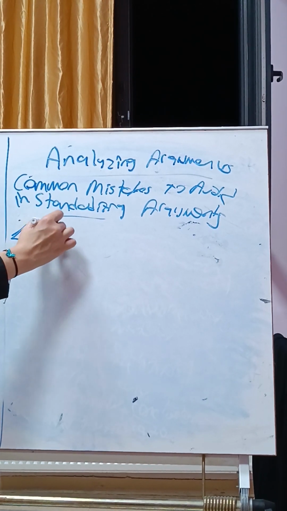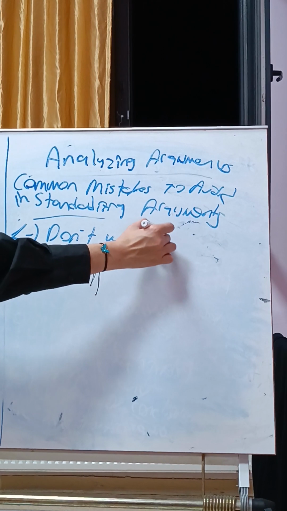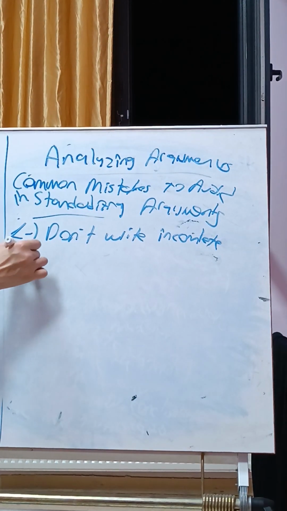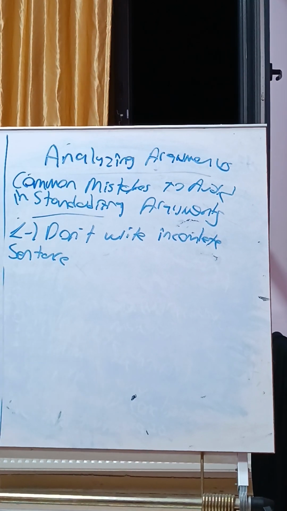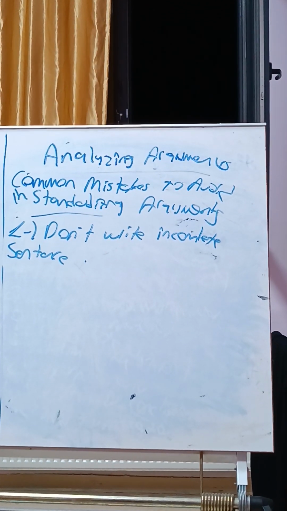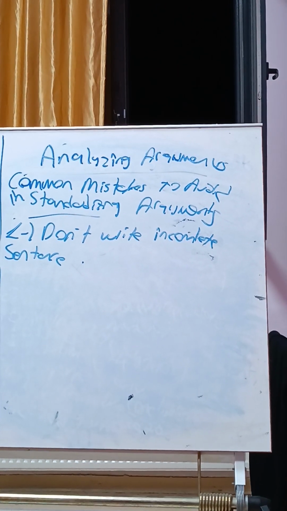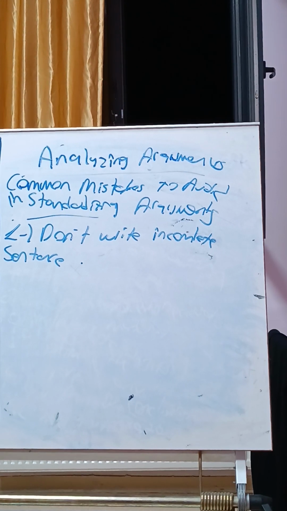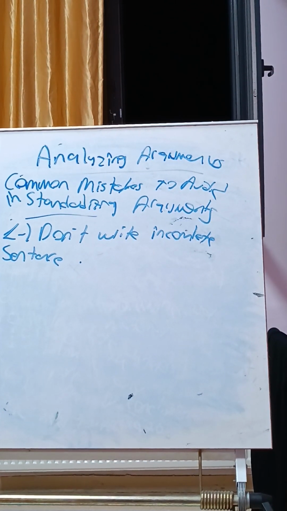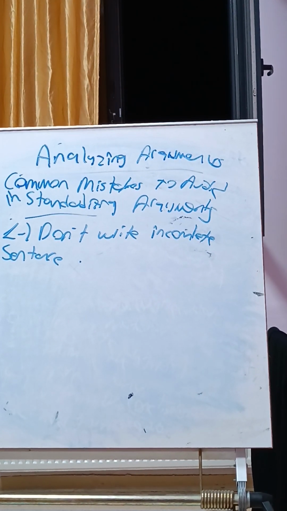Firstly, don't write incomplete sentences. For example, 1. Because animals can experience pain and suffering, therefore it's wrong to kill or mistreat animals. Here, line 1 is a sentence fragment, not a complete sentence.